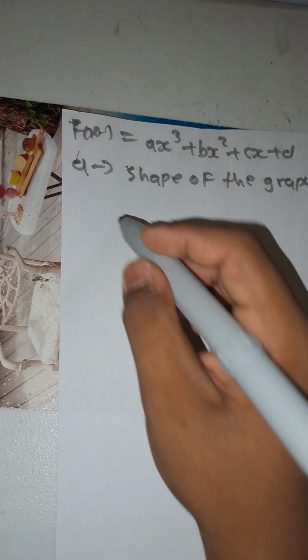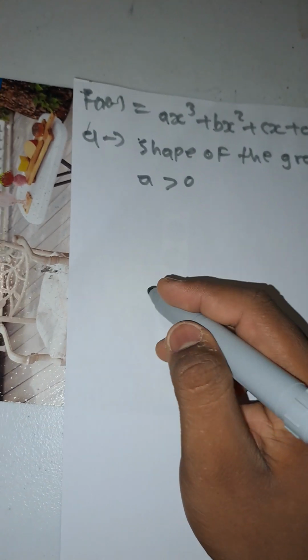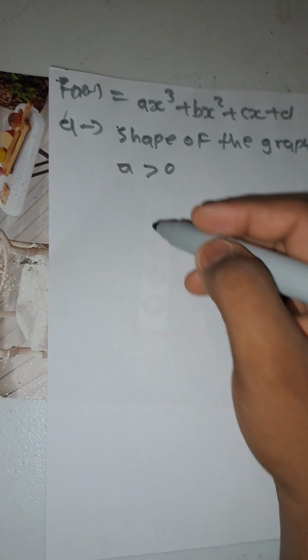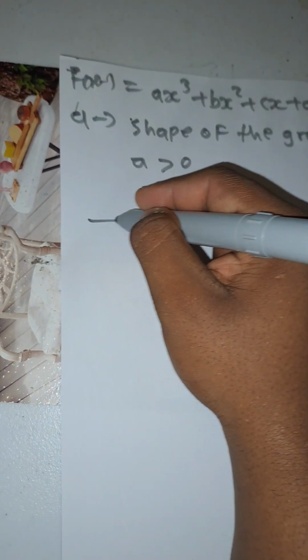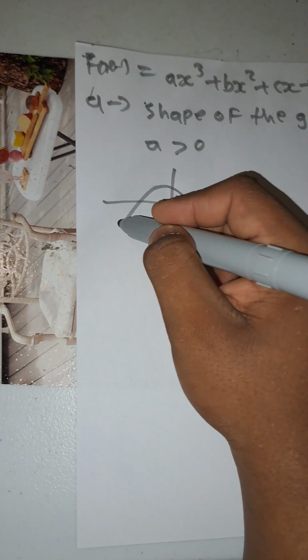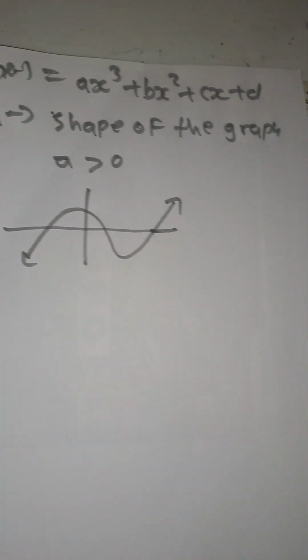If a is positive, that is a greater than 0, it's going to be something like this. This is what you call a positive graph. You can see a is positive there.